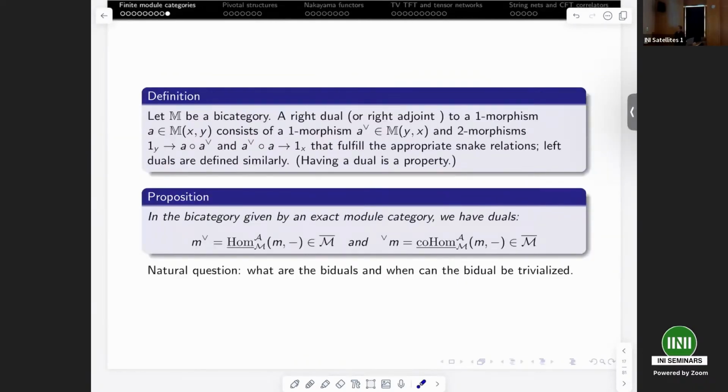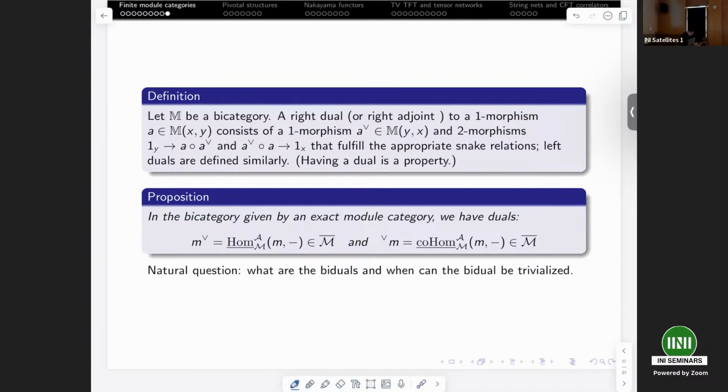Well, what you can check by a calculation is that if you consider this bicategory that's given by an exact module category, this bicategory has duals. And the duals here are living in some different one-morphism.